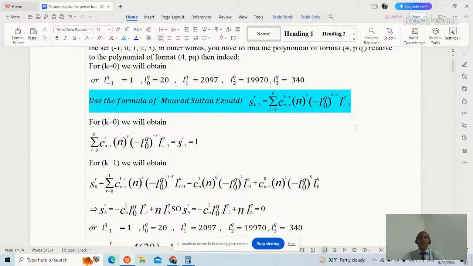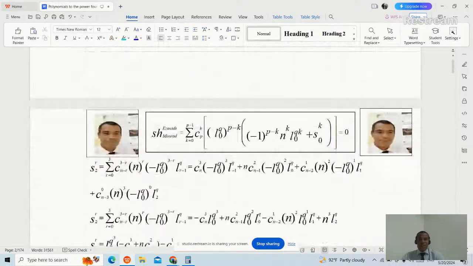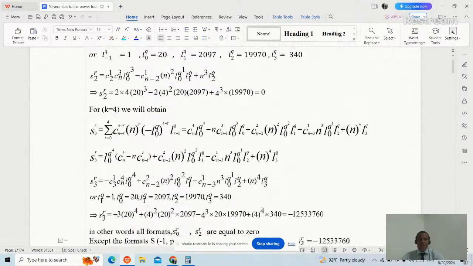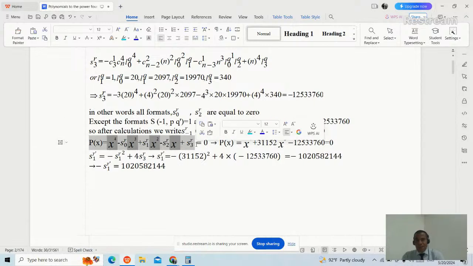So I will continue solving, writing my new polynomial to the power 4 relative to the old polynomial that we started with. I will just write S1 R dash, the discriminant. I will write this so that you can understand exactly what happened.